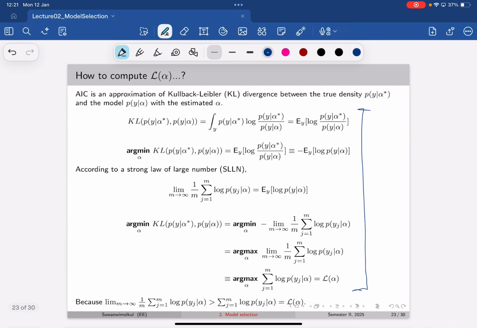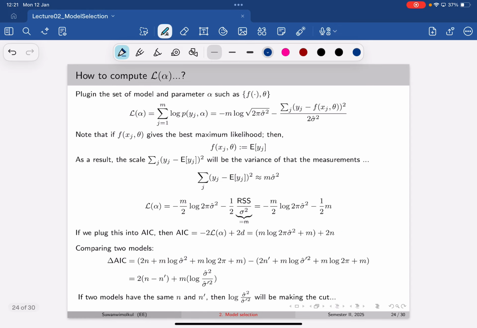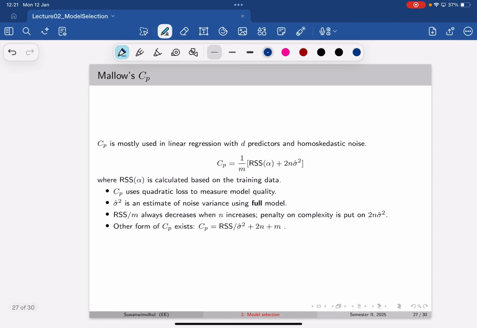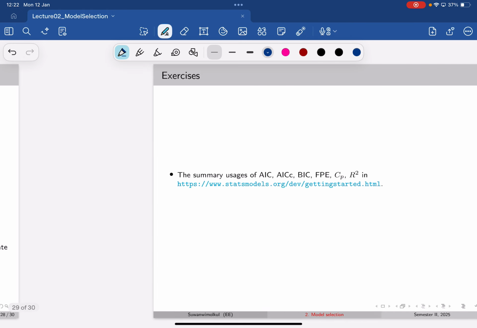It actually comes from KL minimization, and how KL minimization turns out to be a maximum likelihood problem. After that, it talks about how you would use these scores to say which model is better than which. We will continue with this next time. It's only a little bit about where each of these scores came from.